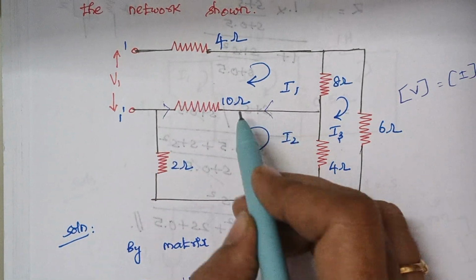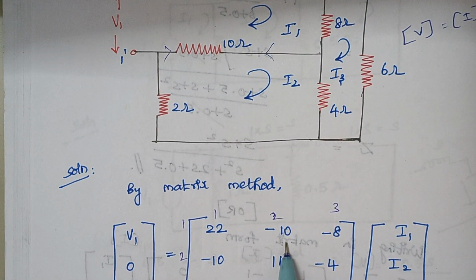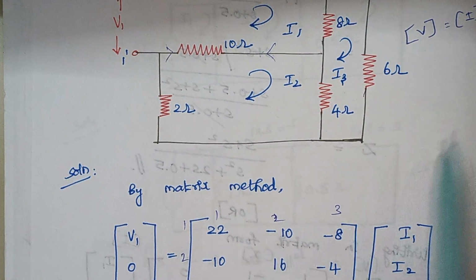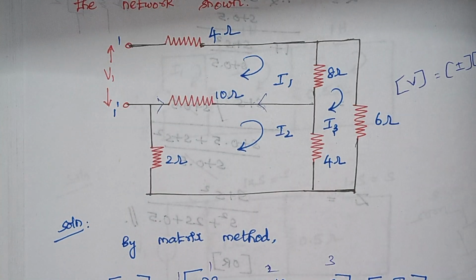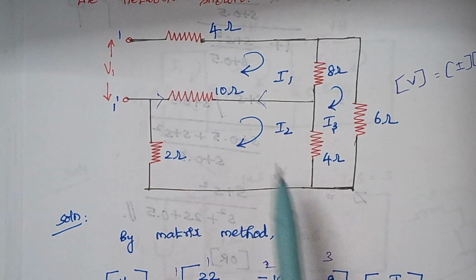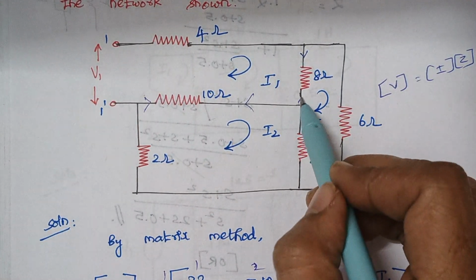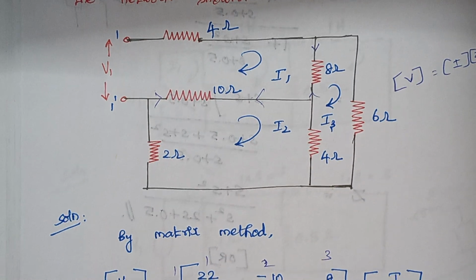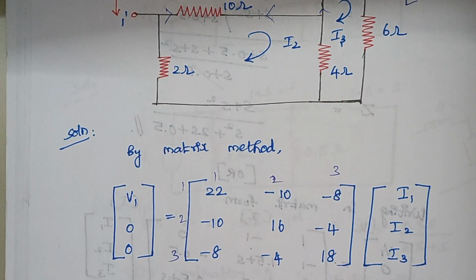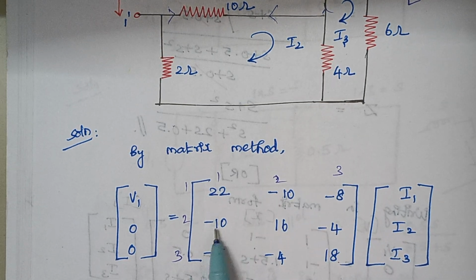So the value of the resistance is minus 10 because the currents are opposite to each other. Again, the resistor common to loop 1 and loop 3 is 8 ohm. I1 flows like this, whereas I3 flows in the opposite direction. Therefore we should write it as minus 8. So here it is minus 10, minus 8. Similarly, here it is minus 10, minus 8.